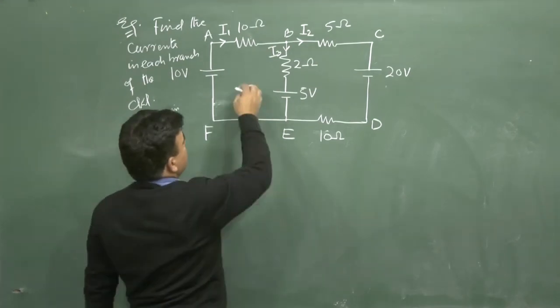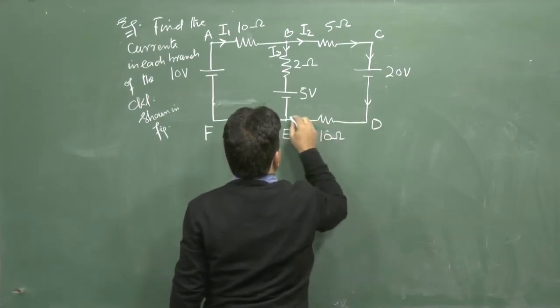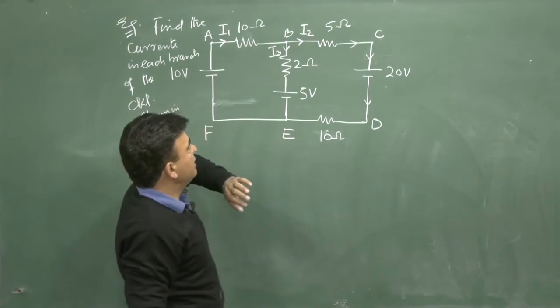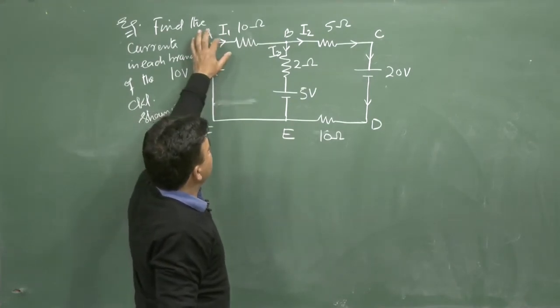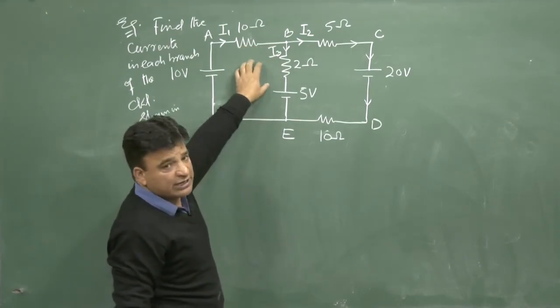I have assumed current is flowing like this irrespective of the batteries used in the circuit.